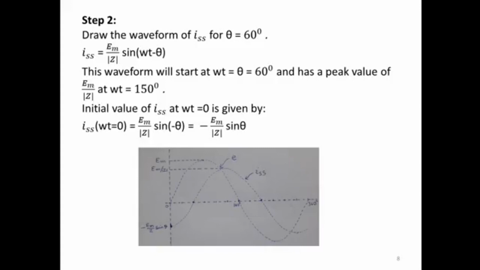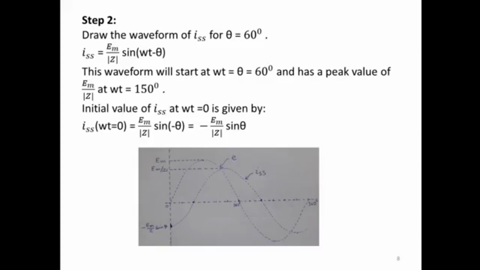At 60 degree the waveform will start, because theta is 60 degree. It has a delay of theta, 60 degree. It starts at 60 degree and it will have a peak after 90 degree from its starting point.